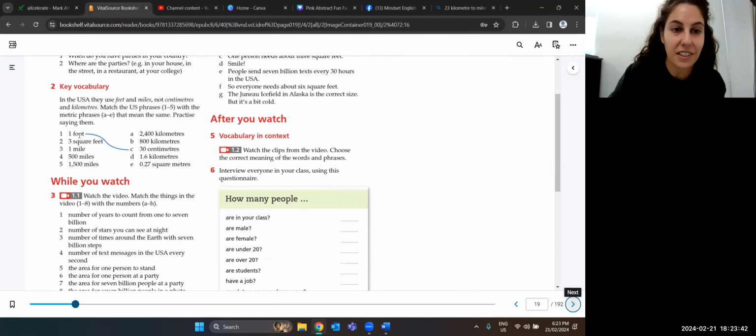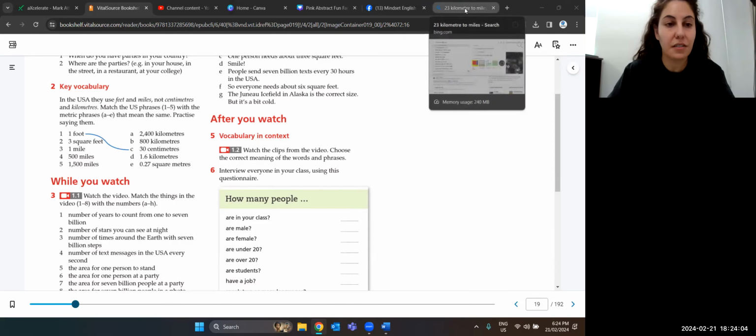So 1 foot is equal to 30 centimeters. Again, we use centimeters. America uses foot. What about 3 square meters? Sorry, 3 square feet. Now you can just use Google and convert.